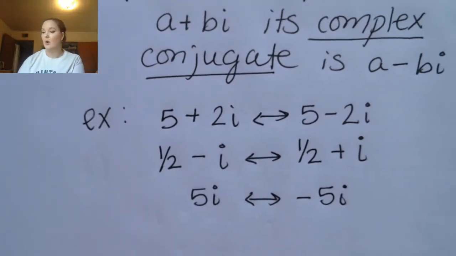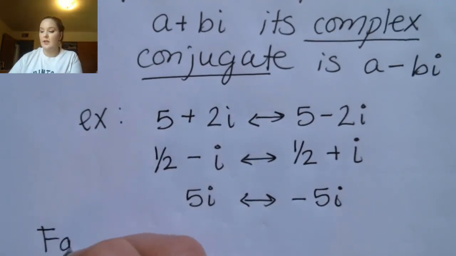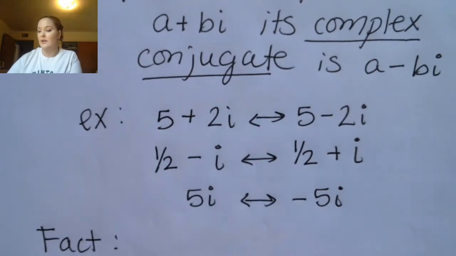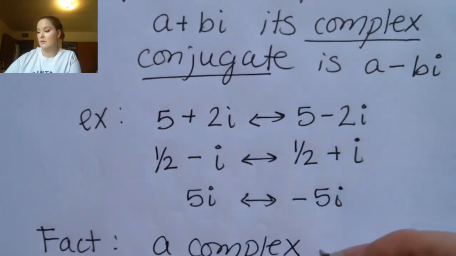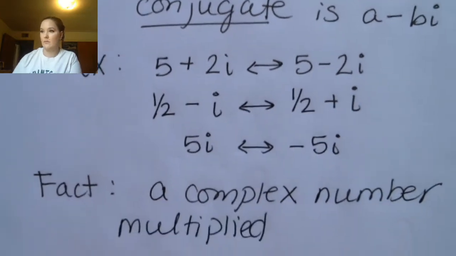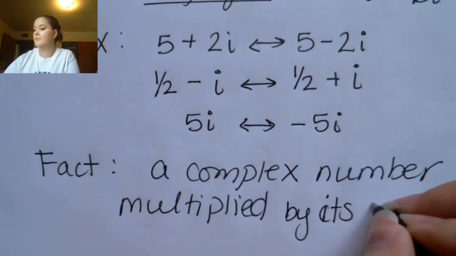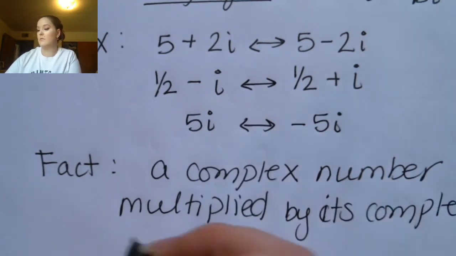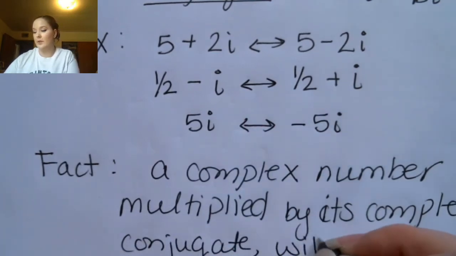Okay, all right. So what we just saw in the previous example is something that's an example of a larger fact. Okay, so a complex number multiplied by its complex conjugate will give a real number answer.